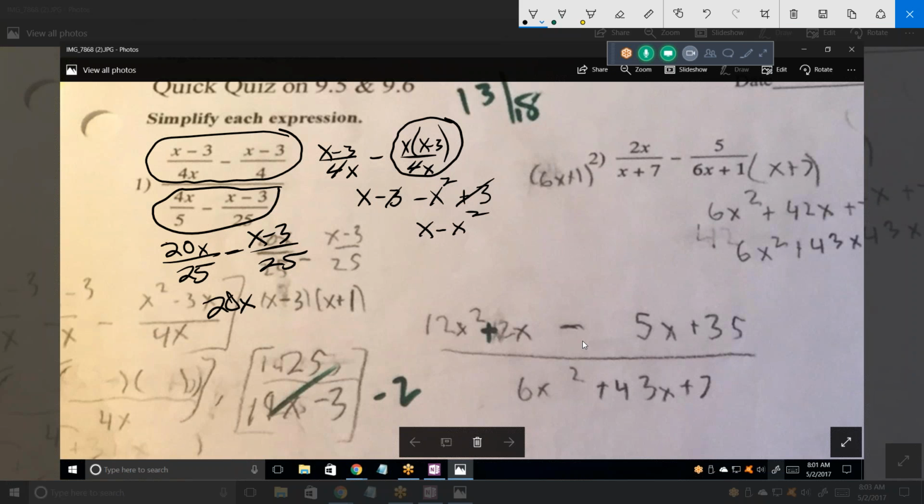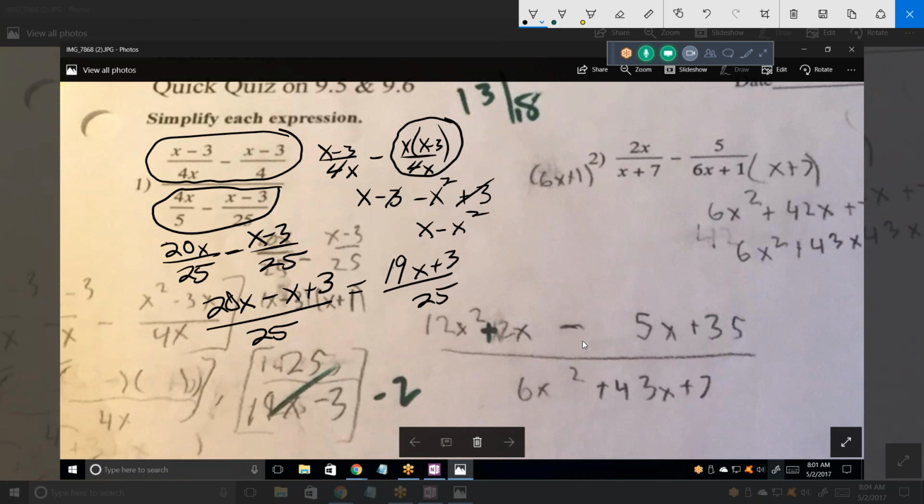What are the next two terms? Yeah, I'm just writing this one down. Okay. The next two terms would be minus x plus 3. Which gives you 19x plus 3 divided by 25.